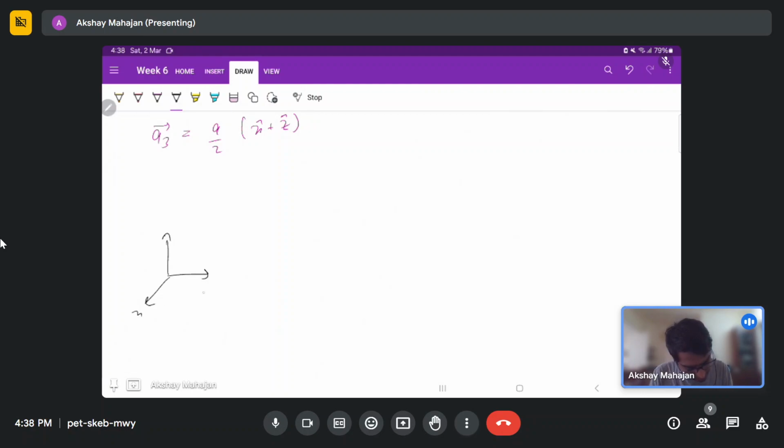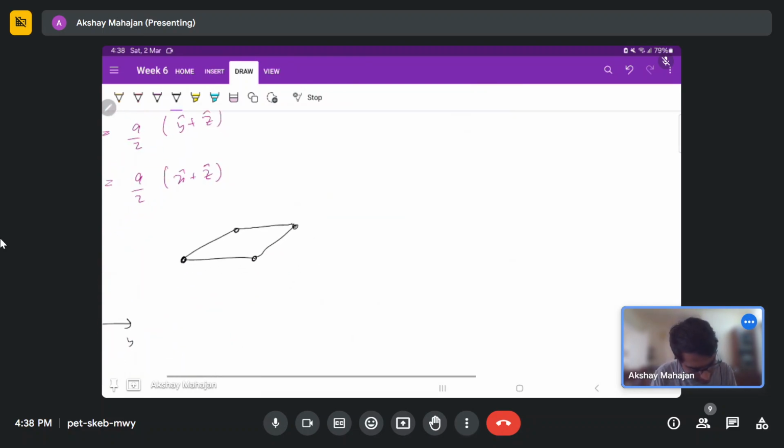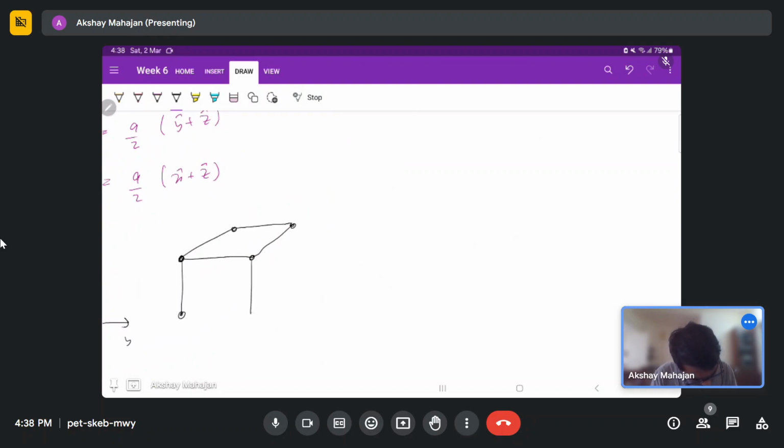So let's say you have x, y and z coordinates, and you form your FCC structure with one center here, one here, one here, one here, one here, and one here.